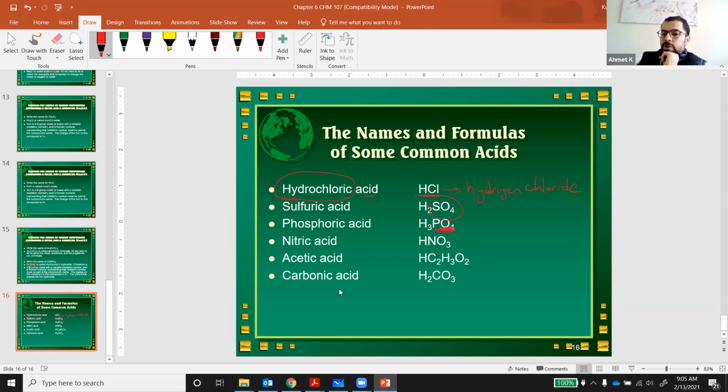See, phosphate to phosphoric, sulfate to sulfuric acid, nitrate to nitric acid, acetate to acetic acid, carbonate to carbonic acid. So these are good-to-know acids. Obviously, there are hundreds of acids, but these are the important ones that we are going to be using throughout this lecture.